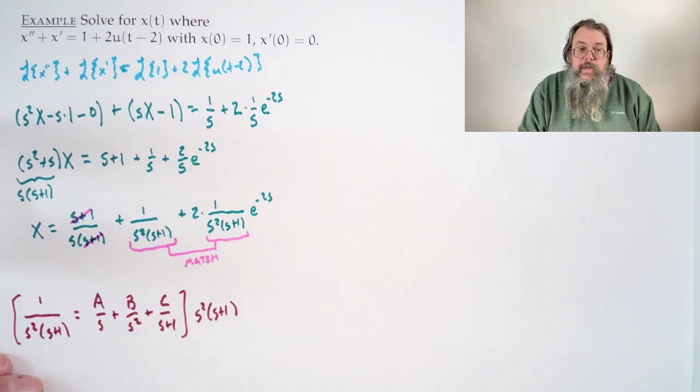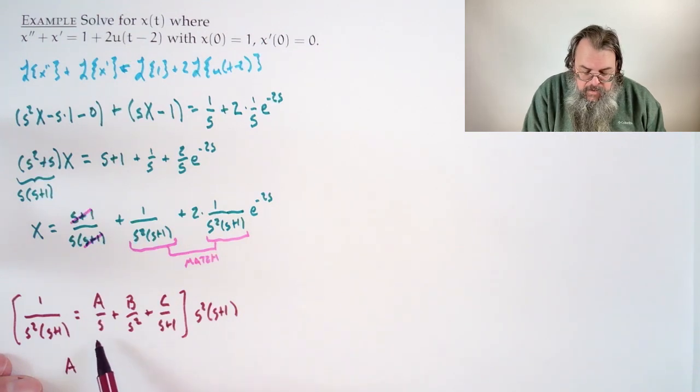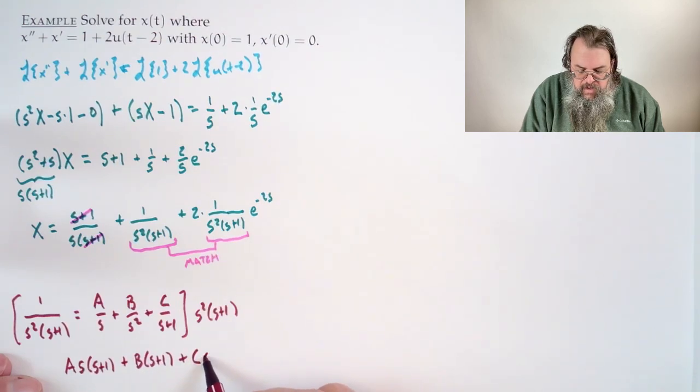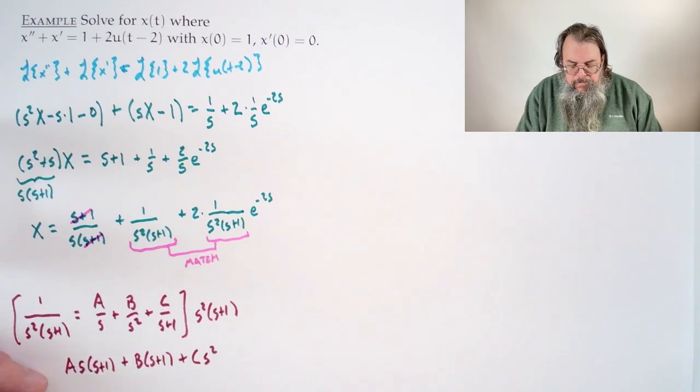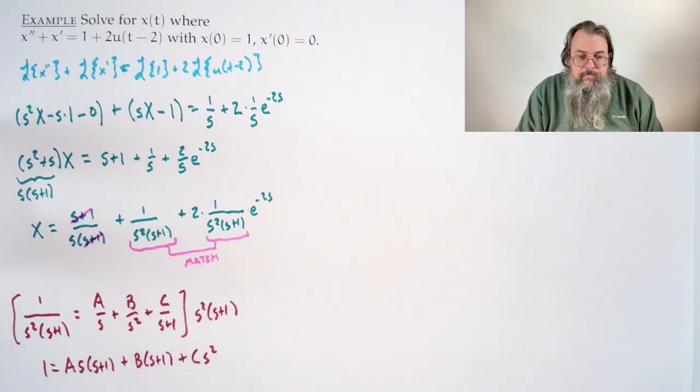And what do we get? Well, we're going to get a times, and now in this case, one of the s's cancels, so it's just a single s and an s plus 1. In the second case, both the s's cancel, so it's b times s plus 1. And in the last case, we get c s squared. And all that equals 1.